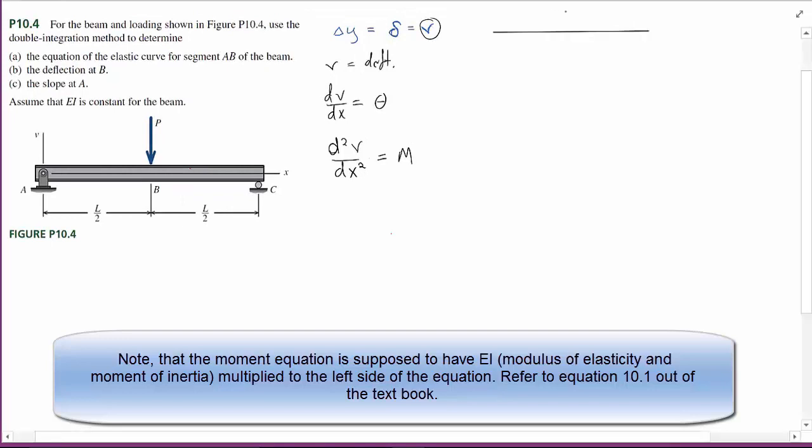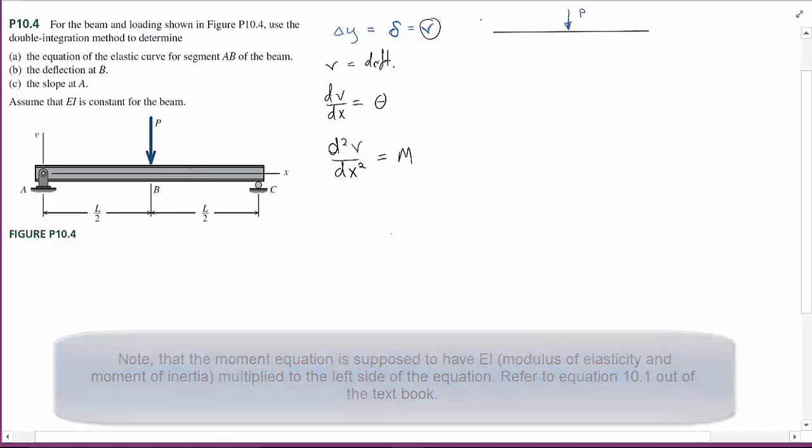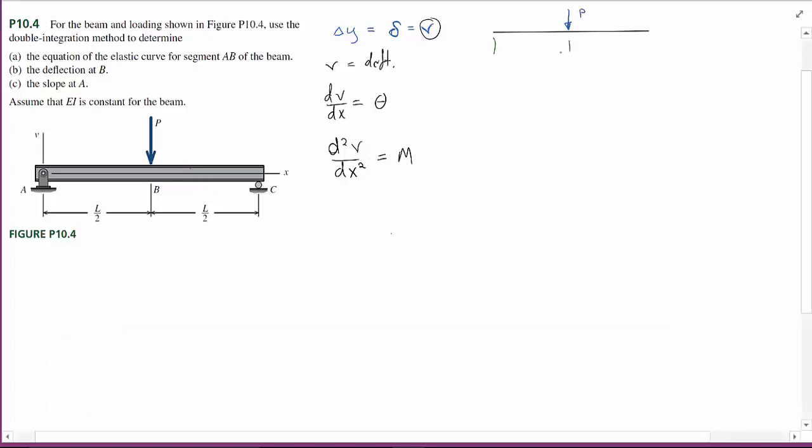If I have a loading P acting down at exactly halfway, so this is L over 2, and this is L over 2, then my reactions are going to be P over 2 at A and P over 2 at C. So I'm going to make an arbitrary cut because we're going to analyze between A and B, and then I'll draw a free body diagram with my shear, again not to be confused with nu, which is deflection, and my moment, my reaction at A, and then our distance x.